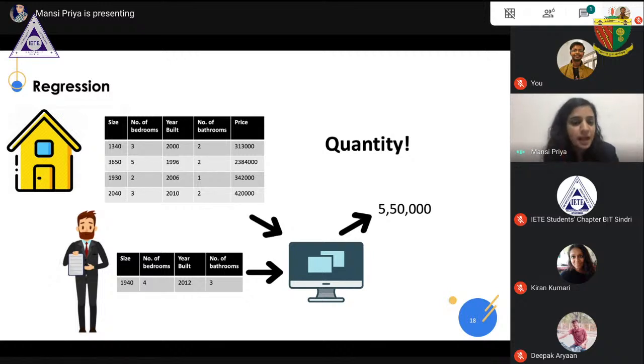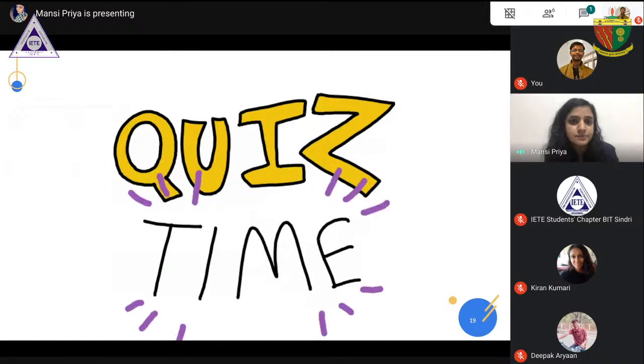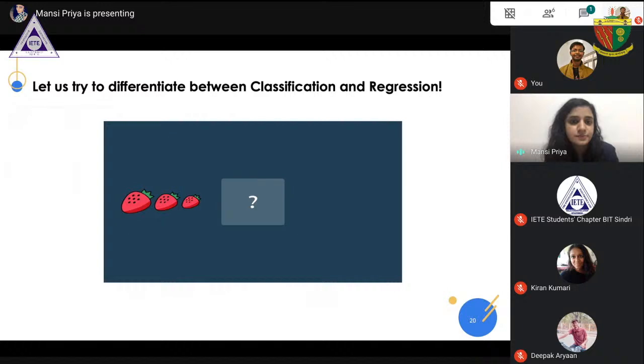I hope these two categories were clear to you, and again I have a quiz for you so that I can check whether you understood the difference between regression and classification. So let us start. This is my first question. In this scenario, a model is being made, and I input different images of strawberries.